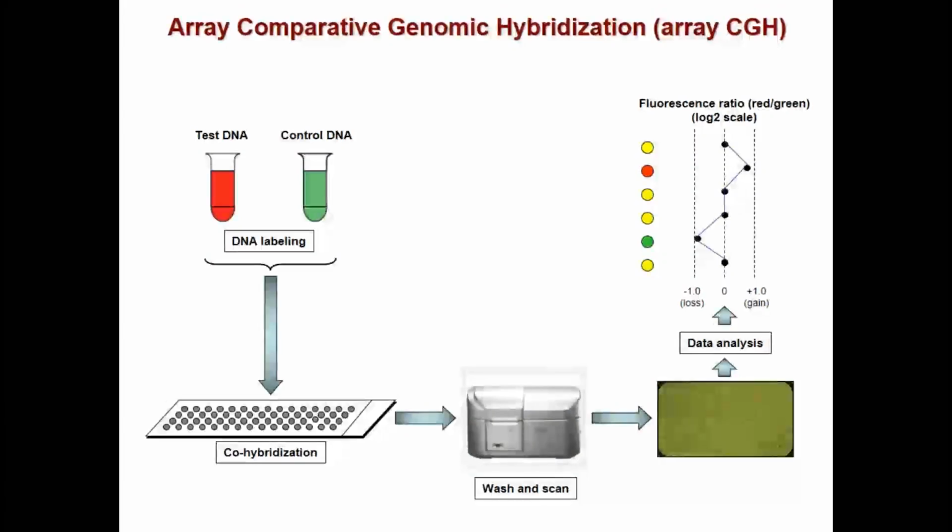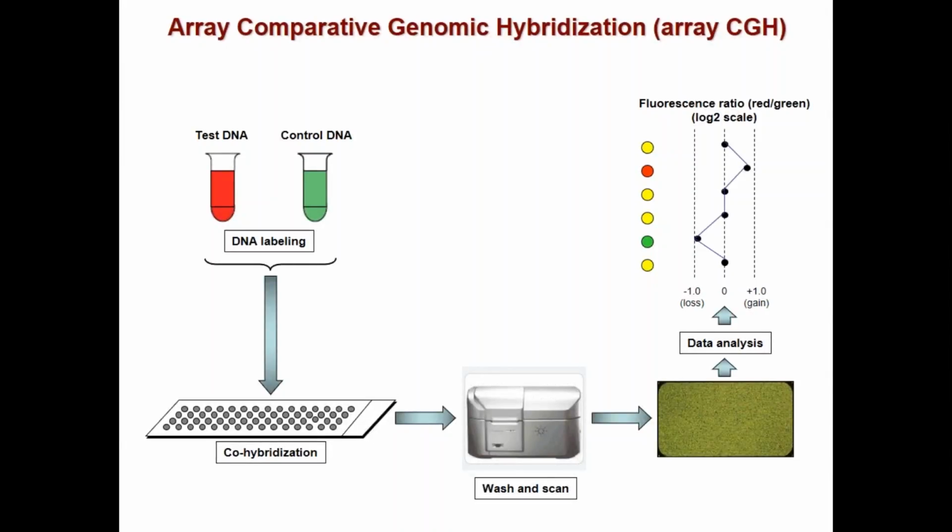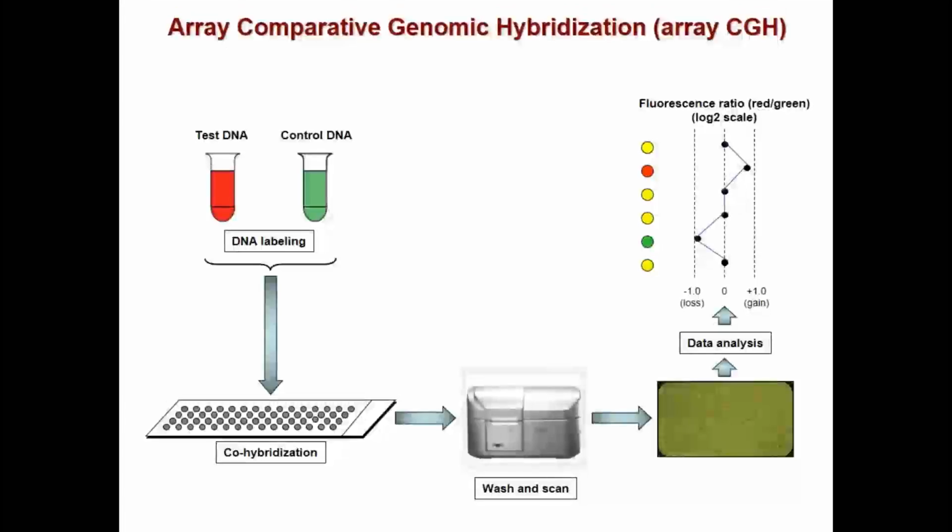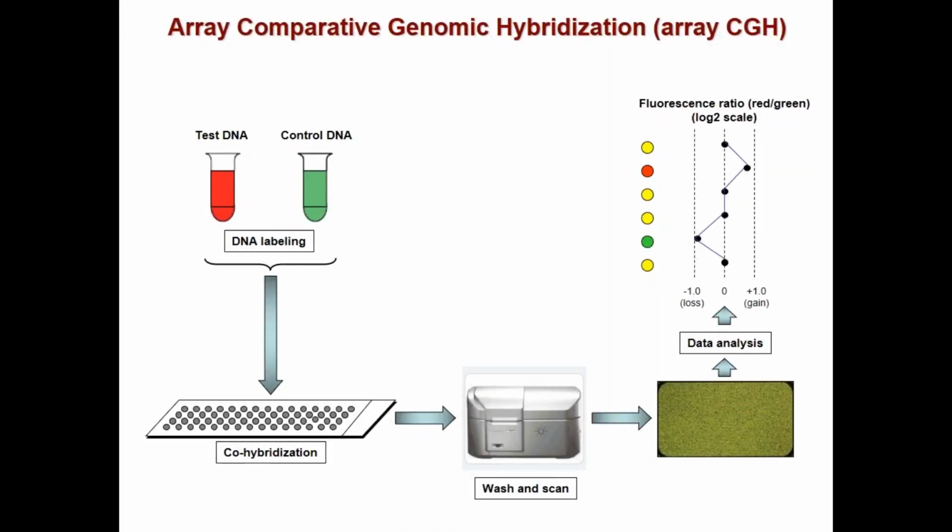Under this term, there are two distinct technologies. One of them is called array comparative genomic hybridization, and this is the original technology that was introduced approximately 10 years ago.